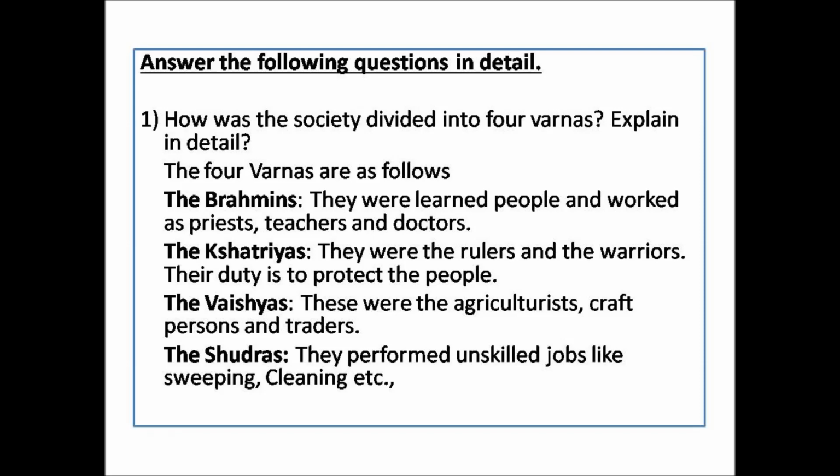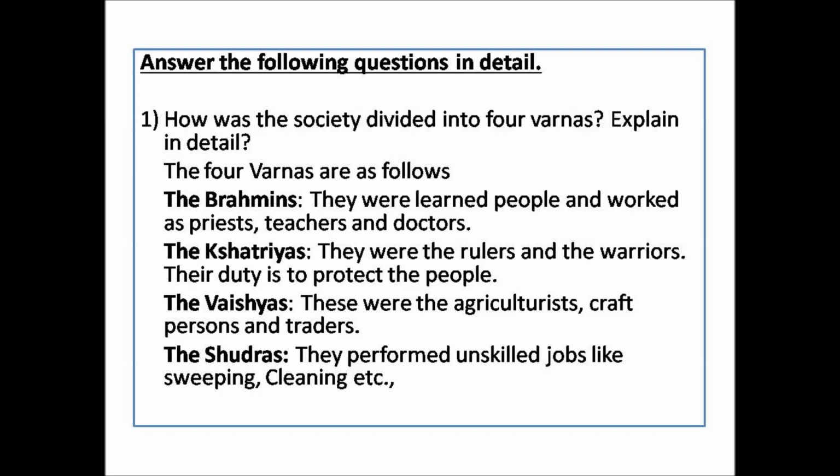Now let us see about these 4 varnas. The Brahmins. The Brahmins were learned people and they worked as priests, teachers and doctors. And next comes the Kshatriyas. The Kshatriyas were the rulers and the warriors. Their duty is to protect the people. And the third group is the Vaishyas.